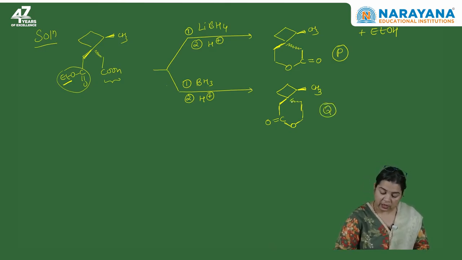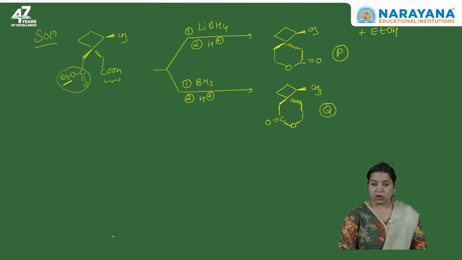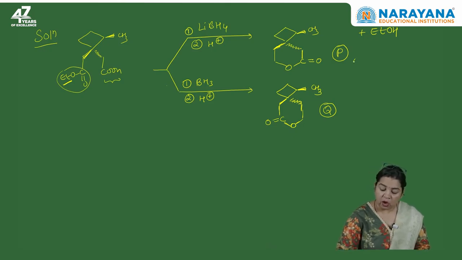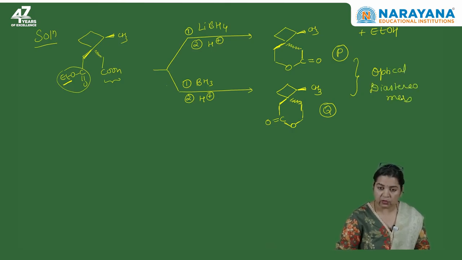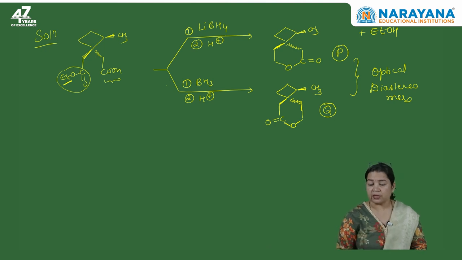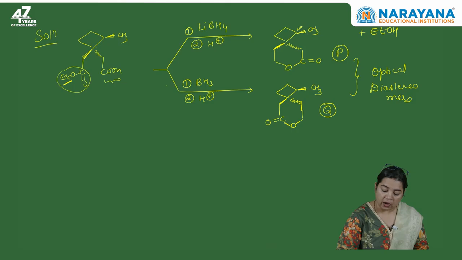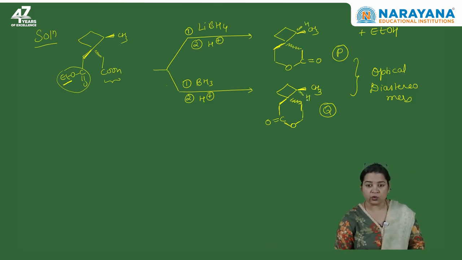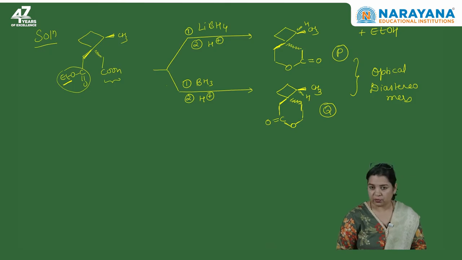Okay, this is dash. Now, if you observe P and Q carefully, yes, you will find them to be optical diastereomers. First thing, observe the stereochemistry. But the other method, you could have also approached it by RS configuration. If this is on wedge, then hydrogens must be on dash.